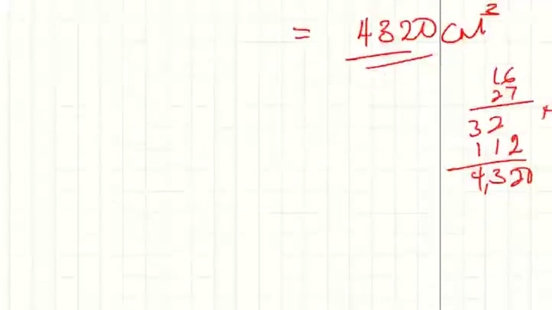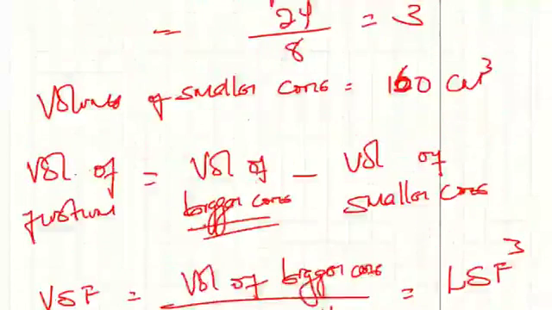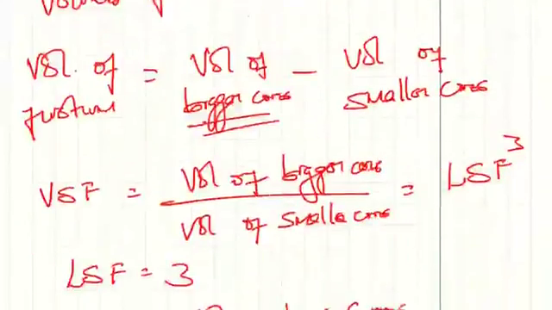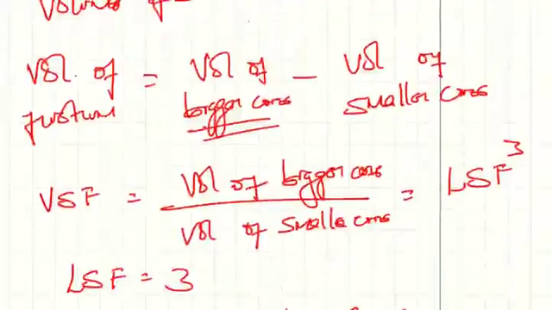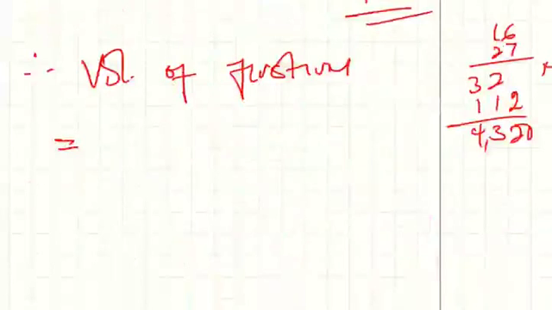Therefore, to find the volume of the frustrum, we have said here that volume of the frustrum is equal to volume of the bigger cone minus volume of the smaller cone, which is 4320 minus 160.